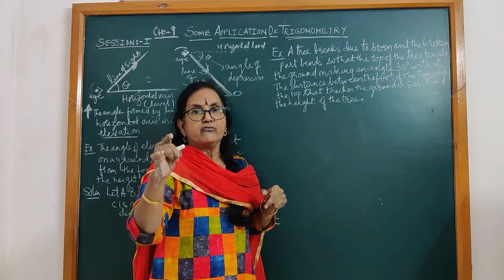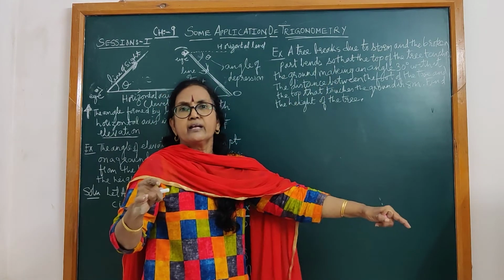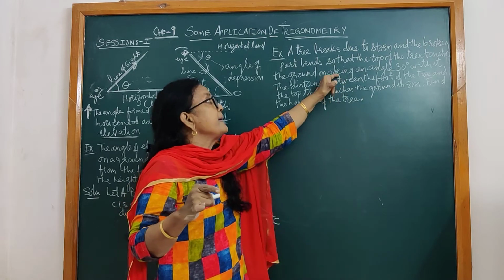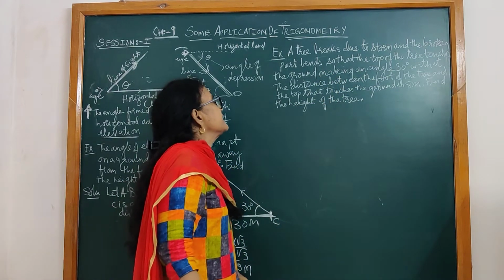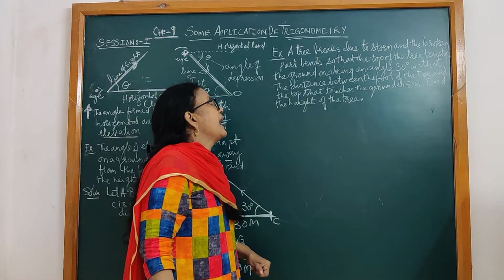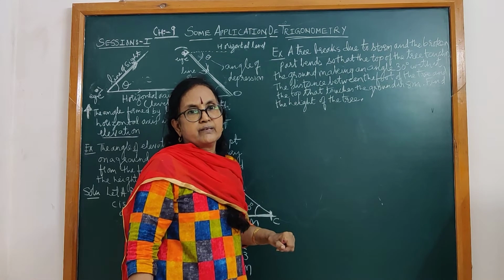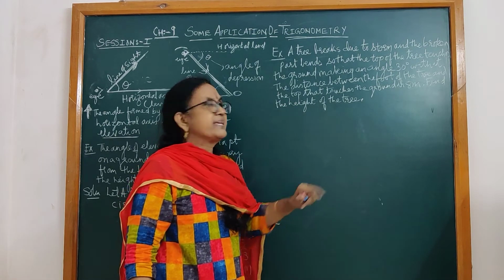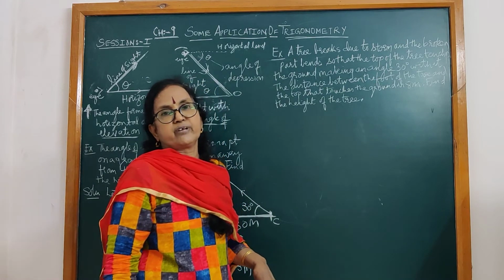Because of some strong winds, the tree fell down and the broken part just touched the ground, making an angle of 30 degrees with it. The distance between the foot of the tree and the top that touches the ground is 8 meters. So where it is touching the ground, the distance is 8 meters. Find the height of the tree.